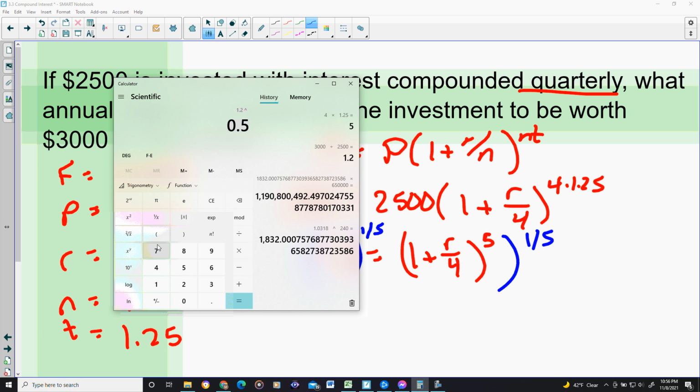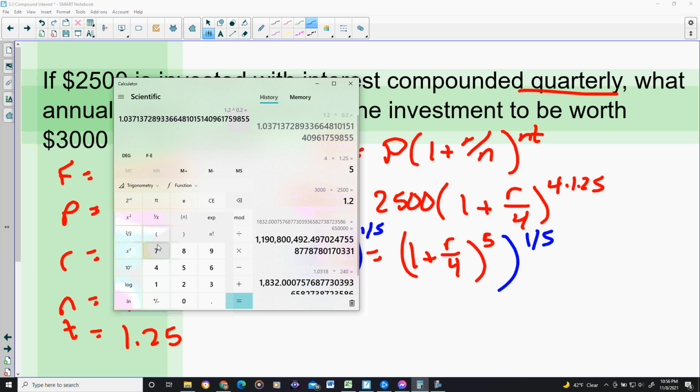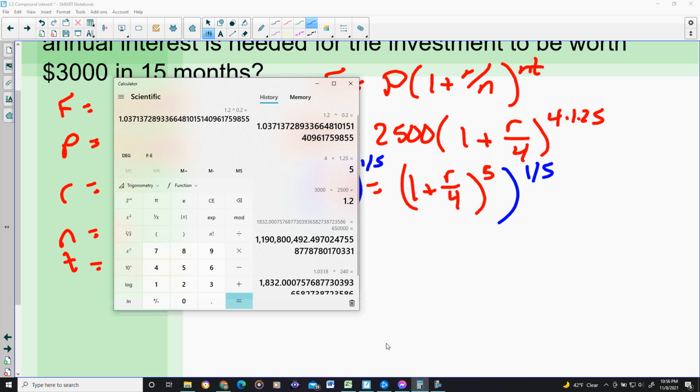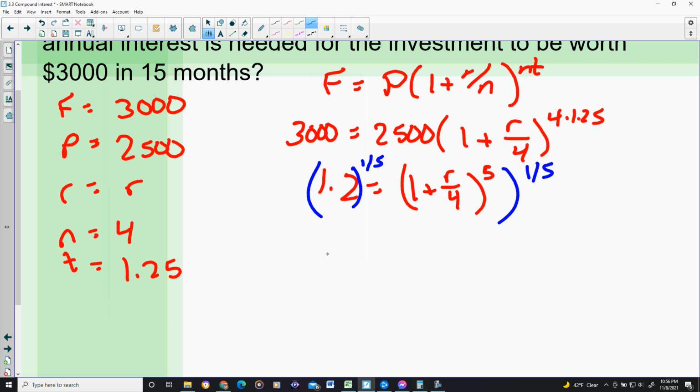Exponent 0.2. Okay, and that's going to give you a value of 1.037. So remember what I said before, we want to try to keep this as close as possible. So I'm going to write out the full 8 decimal places for this: 1.03713729 equals 1 plus r over 4.